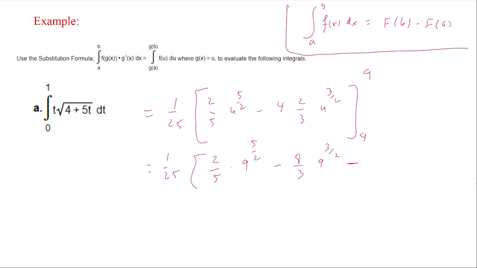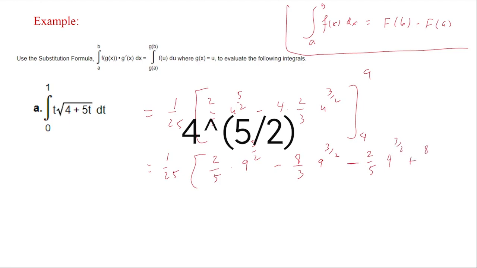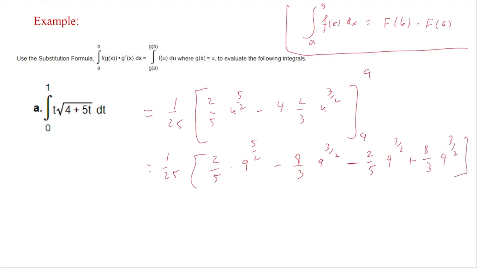This f is the antiderivative of the small f. So negative f of a means the value of this thing at 4, which will be 2 over 5 4 to the power 5 over 2, and this negative and this negative becomes positive 8 over 3 4 to the power 3 over 2. Now we just need to simplify this expression.